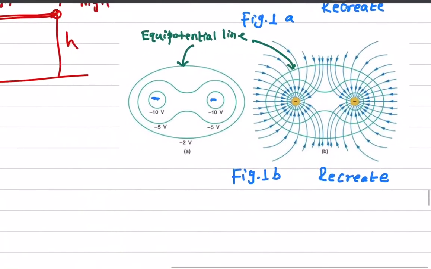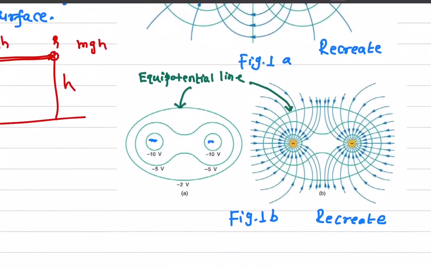But with a positive charge, the electric field is always away from the positive charge. All the electric field lines try to terminate onto the negative charge. This is the direction of the electric field, and two electric field lines never cross each other.